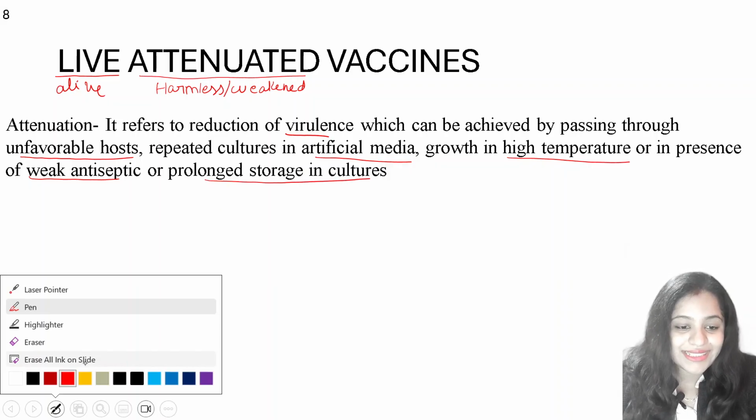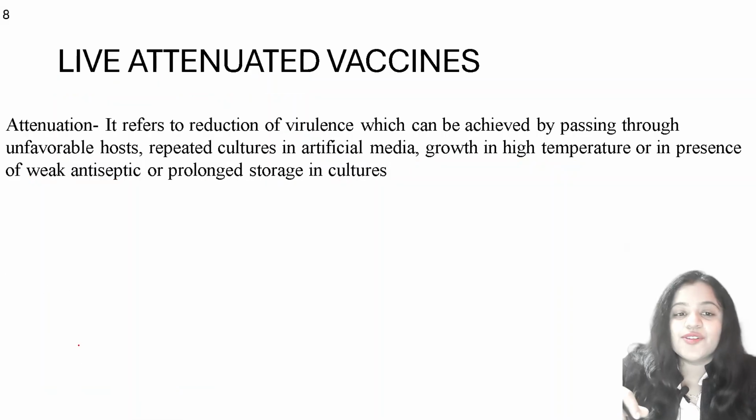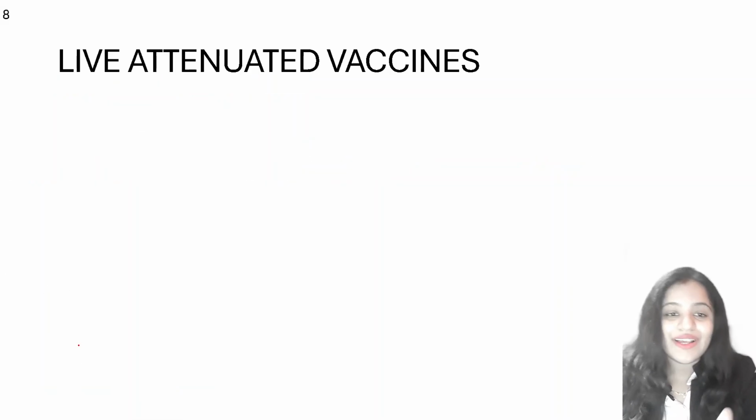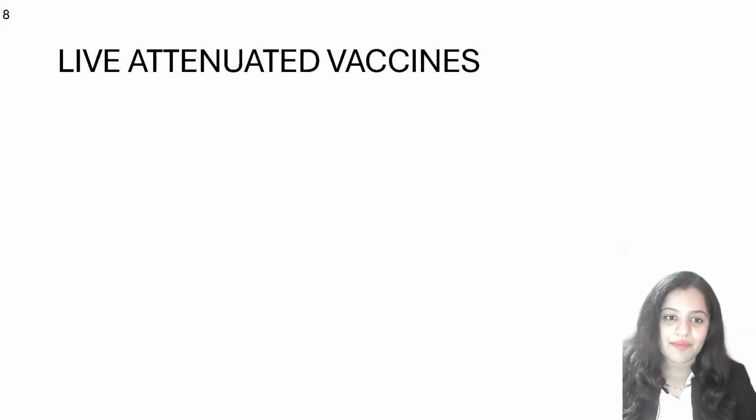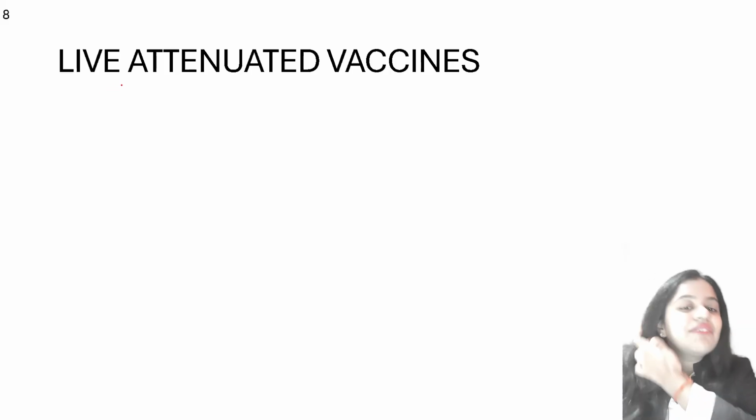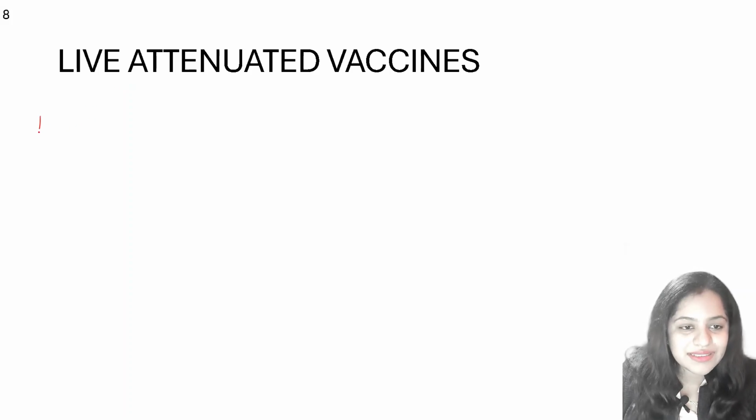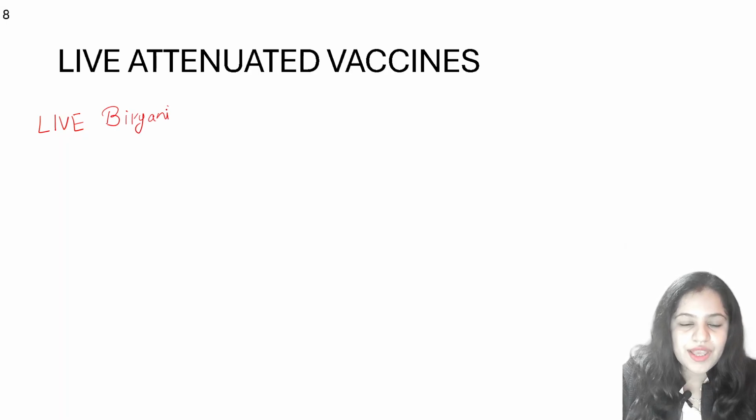Now, let's see what are the examples of a live attenuated vaccine. Well, it's a long list. So, I have come up with a mnemonic. Whenever you remember your live attenuated vaccine, always remember this. Have you ever seen the preparation of live biryani? Okay. How is the live biryani made? You need oil for that.